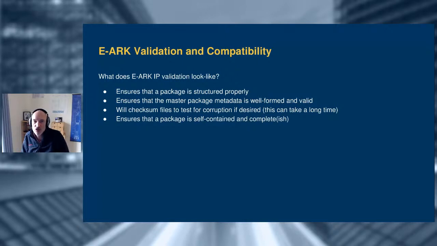So a package is structured properly, or is certainly valid, if it simply has a root folder and a METS file in that folder. Everything else is optional to a degree, although you will get an awful lot of warnings. The next stage of validation ensures that the master package metadata is well formed and valid.